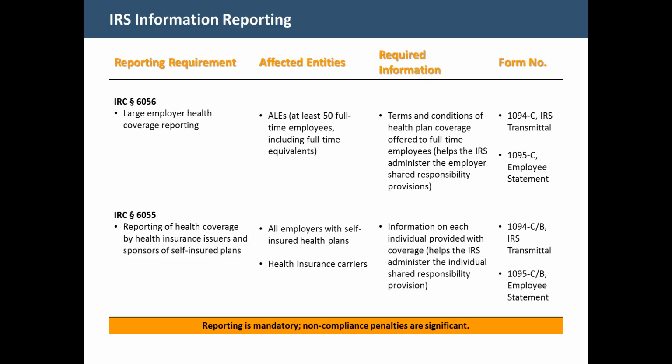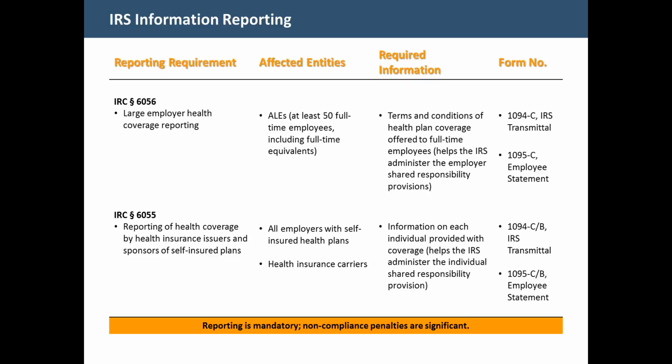Under Code Section 6056, that reporting requirement is referred to as large employer health coverage reporting. So anyone with 50 plus full-time employees, including equivalents, is subject to 6056 reporting. That will require the employer to report the terms and conditions of the health plan coverage that they offered or didn't offer to their full-time employees.